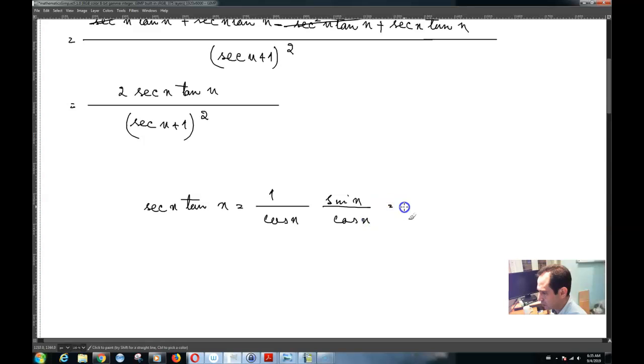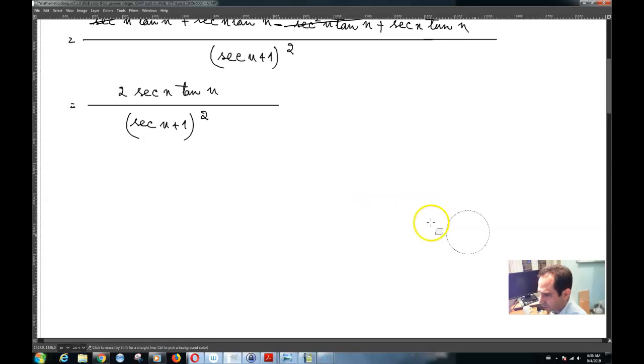You could write it as sin x over cos squared x, for example, which is not really very helpful. So I think we need to just leave it as it is. Number 18 is 2 secant x tan x over secant x plus 1 whole squared.